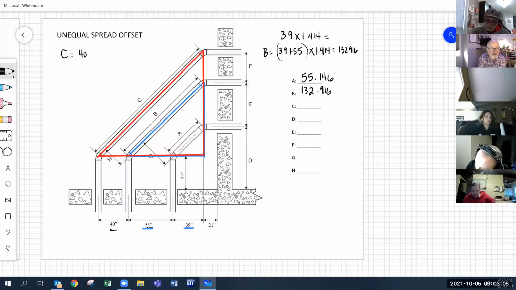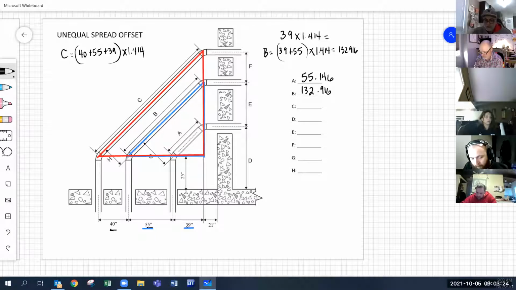So that's going to be 40 plus 55 plus 39 with a bracket times 1.414 would equal the measurement at C. And I have C being 189.476. Does everybody concur with that measurement? Yes.